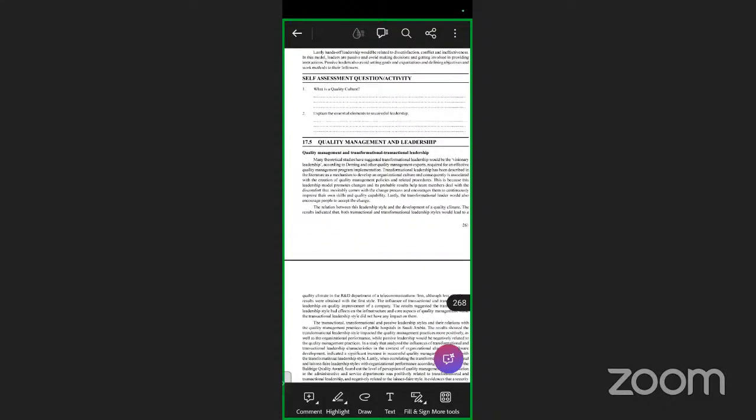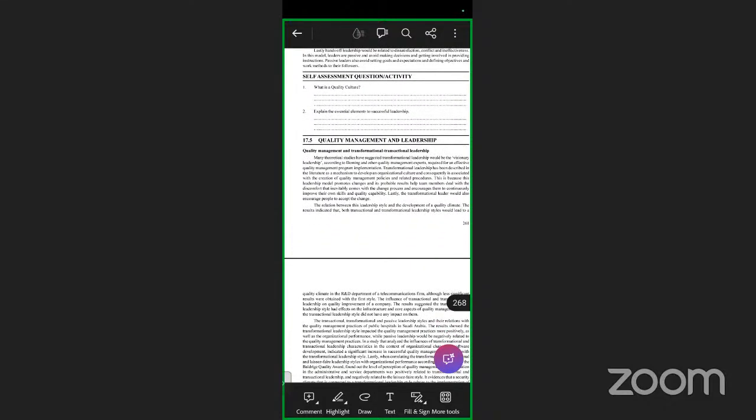Next, quality management and leadership. Quality management and leadership are two important aspects. Many studies suggest that transformational leadership is a visionary leadership.